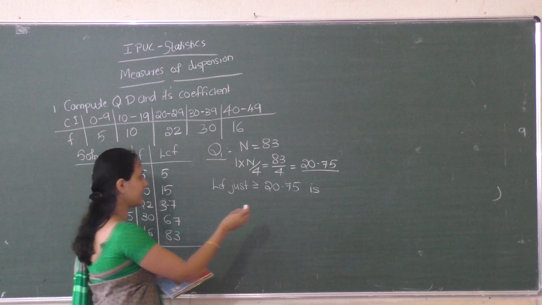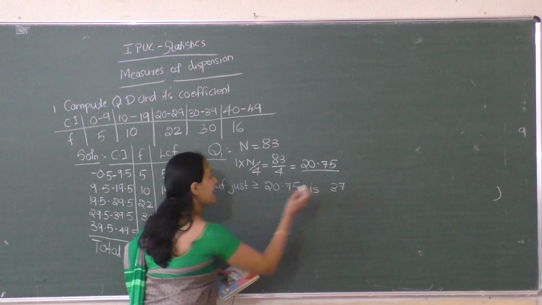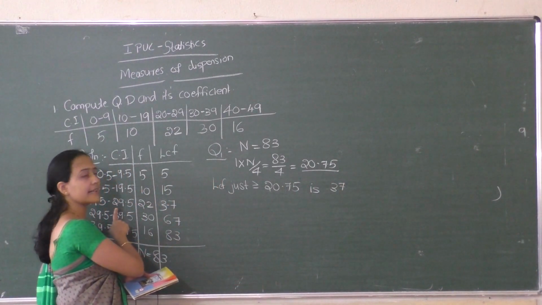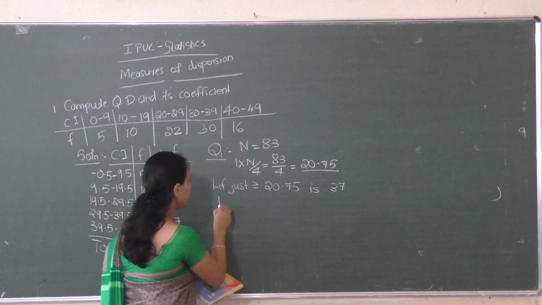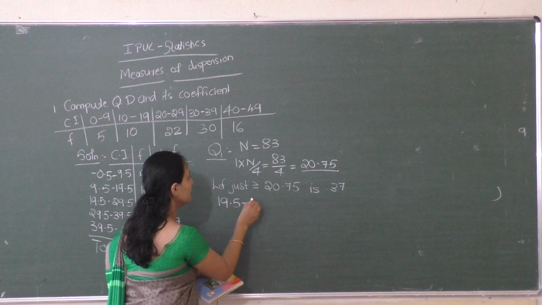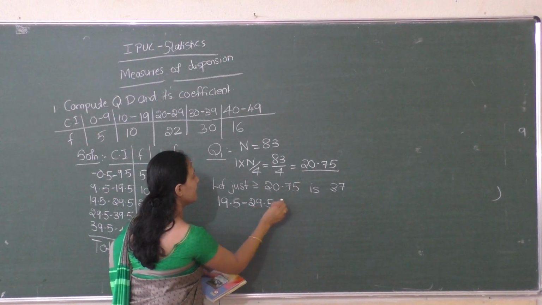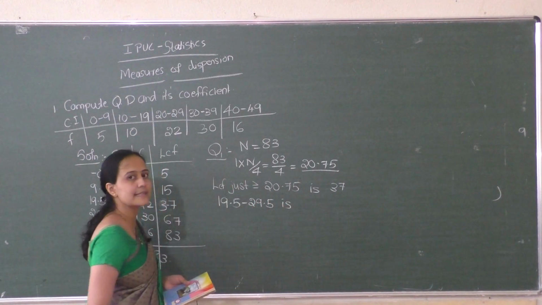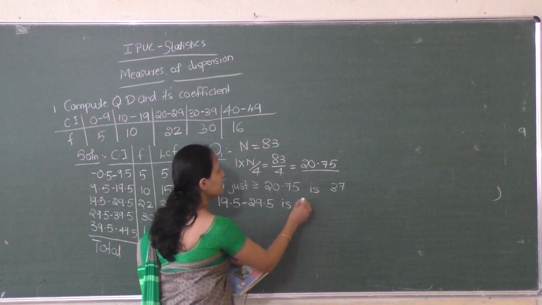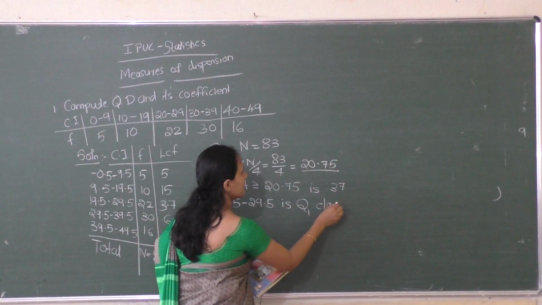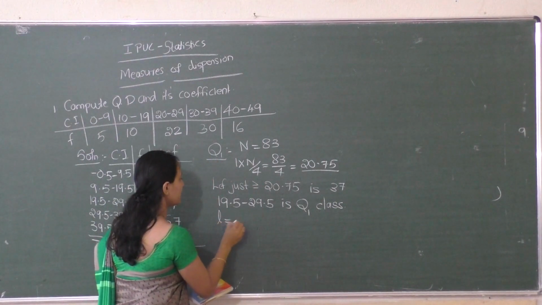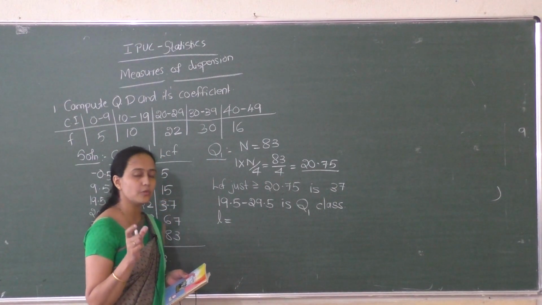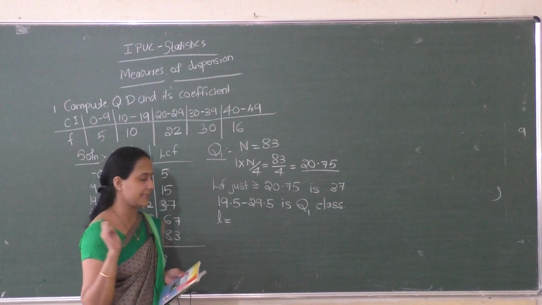The class corresponding to 37 is 19.5 to 29.5. So 19.5 to 29.5 is our Q1 class. Next, apply the formula. For applying the formula, we must know L, F, CF, everything.